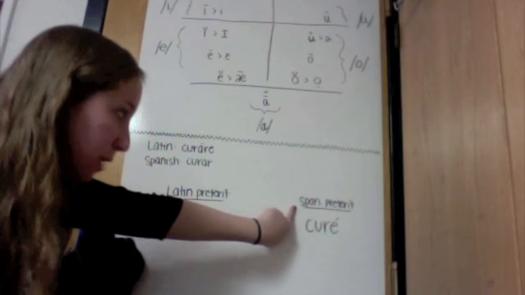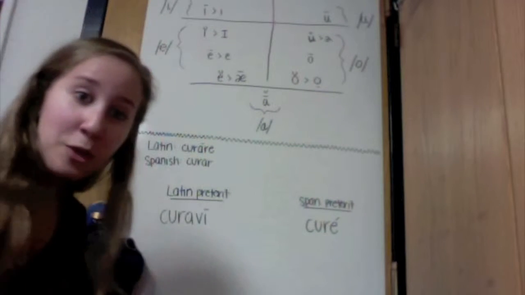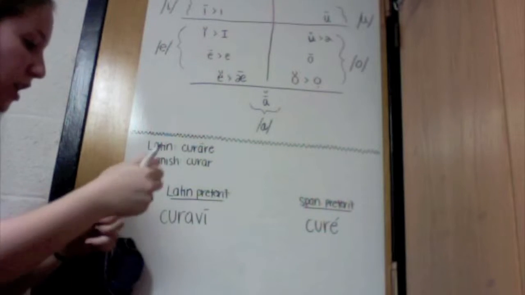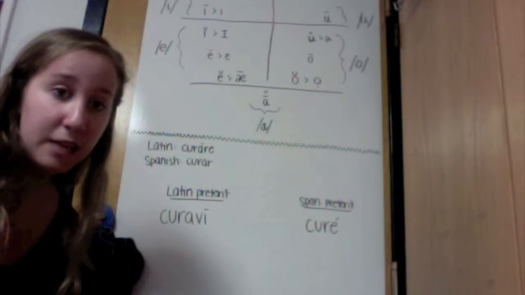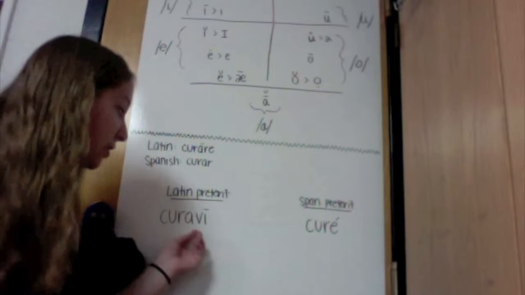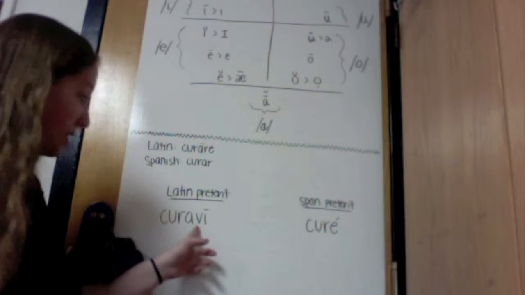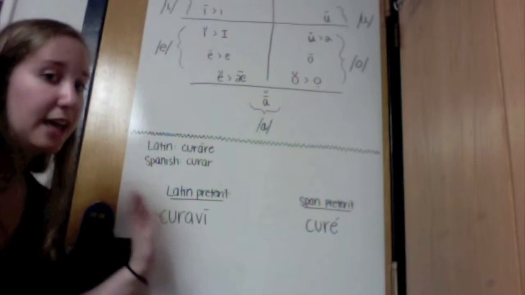Now, the Spanish preterite is curé, and how did we get from one to the other? I'm going to show you. Like I said previously, when you have a T in between two vowels, you take away the T. The same thing goes for V's.